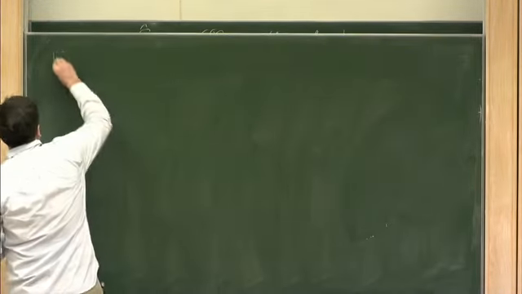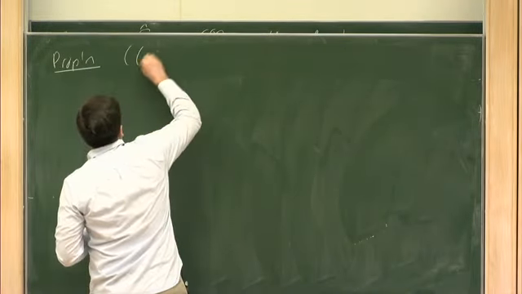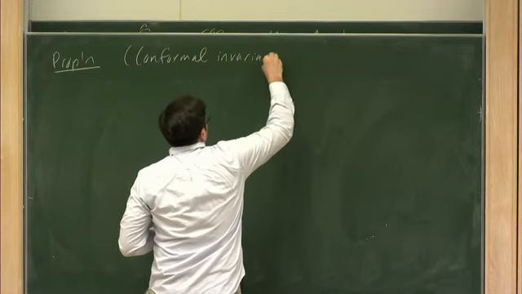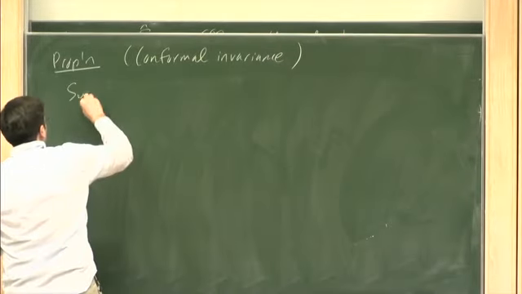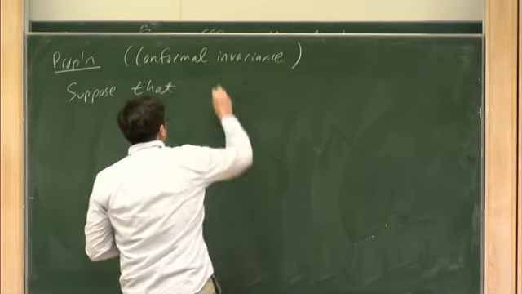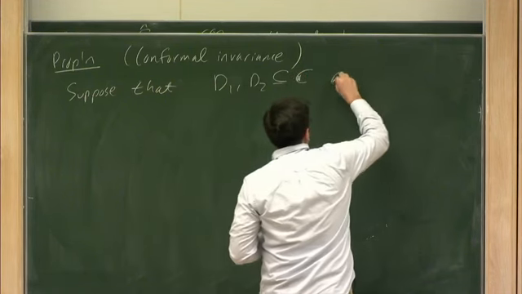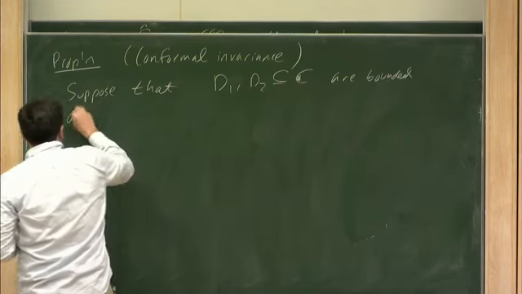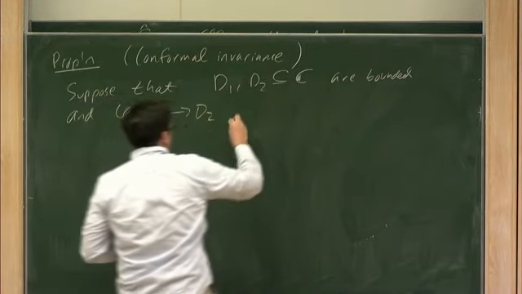All right, so this is conformal invariance of the Gaussian free field. And what the result says is that, let's suppose that D1 and D2 in C are bounded domains, and we have a map phi which goes from D1 to D2, and this is a conformal transformation.